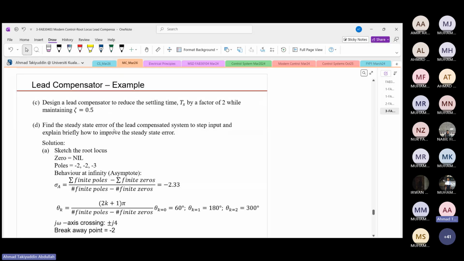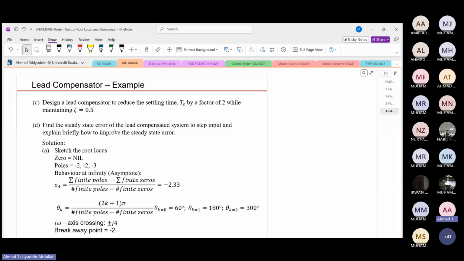So let's say we have this as the improvement of the lead compensator. Adding the lead compensator is actually going to affect the transient response, but we can still find the new steady state error with this additional lead compensator in the system.